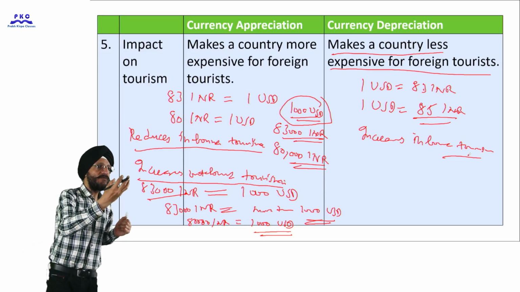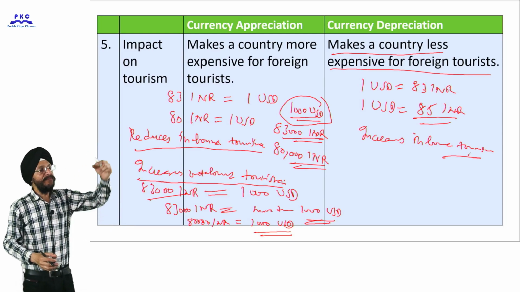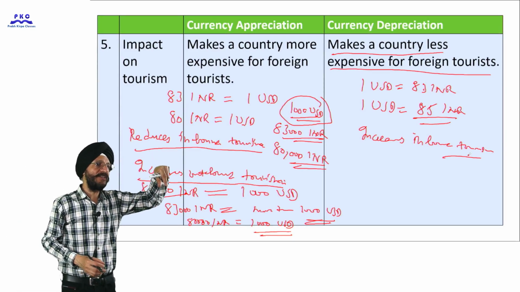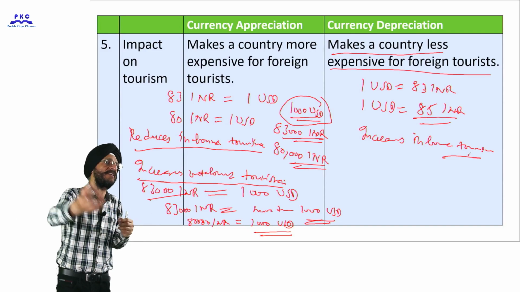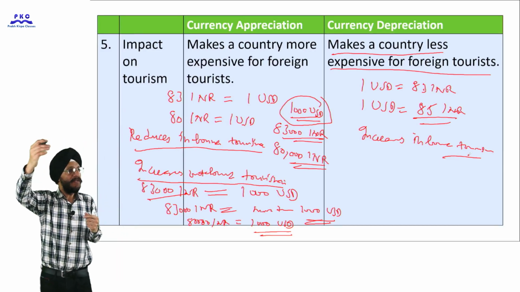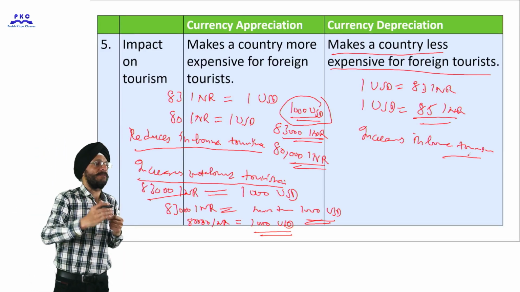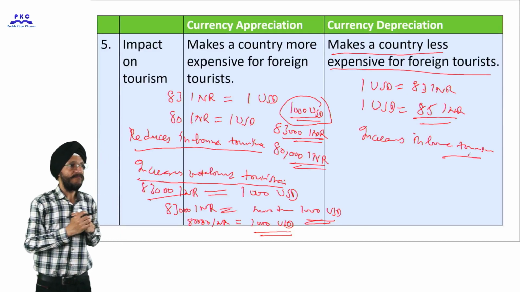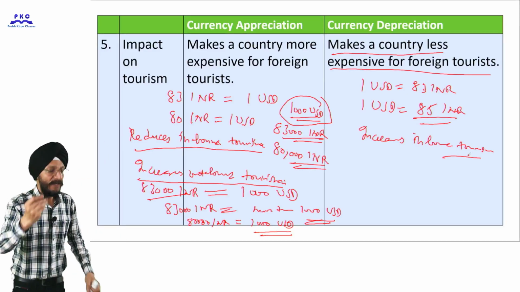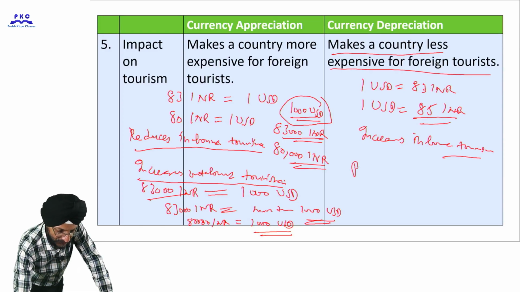It will improve tourism in the country where the value of the currency has depreciated. If the value of Indian currency has depreciated, inbound tourism will increase. It also affects outbound tourism. It reduces outbound tourism. What does it mean?